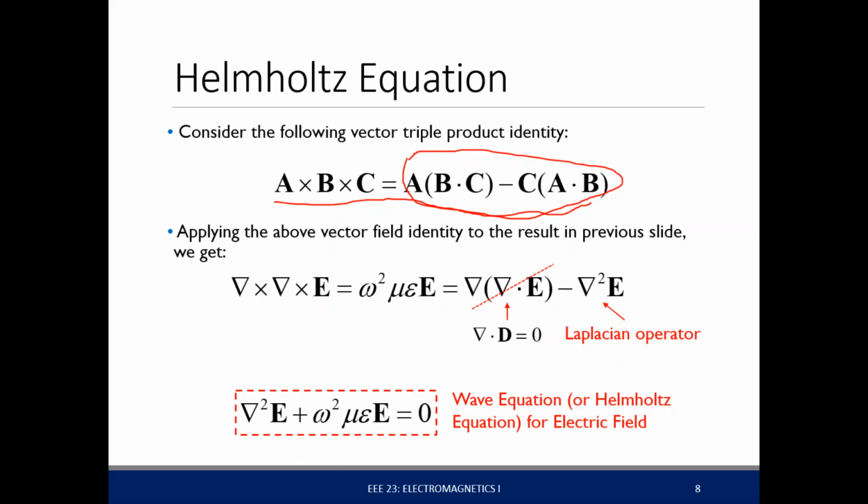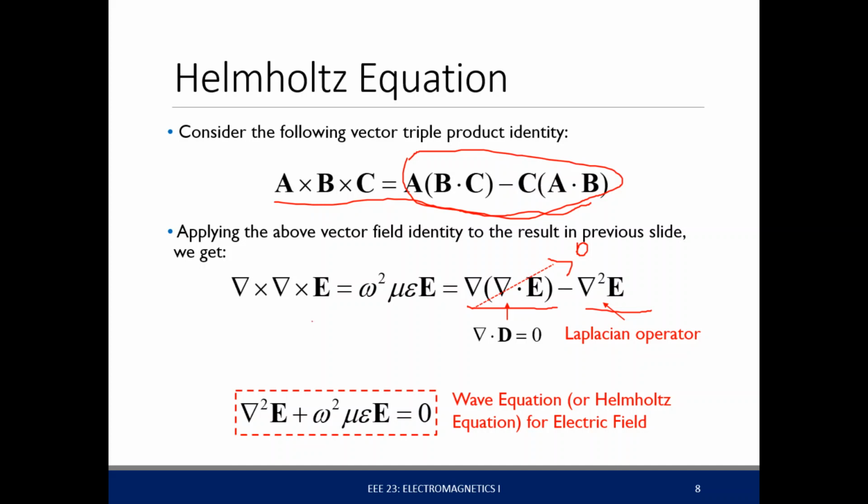Okay, so this is the Laplacian of E. Remember what the Laplacian is. If we consider this term right here, this is the divergence of E, which will be 0. Why is it 0? Because the divergence of D is 0, mainly because there are no charges in free space. There is no accumulation of charges in free space, so we're considering that case.